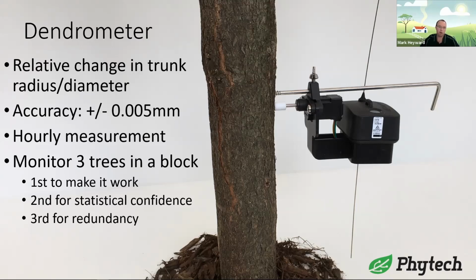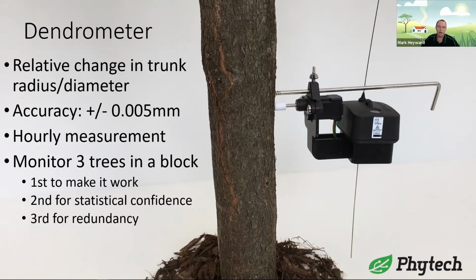So the first tree we monitor is just to make it work. The second is to give us statistical confidence. And the third is for redundancy, that if the batteries go flat in one or an animal bumps it or something else, that for you as the customer, there's no problem with the integrity of the service that we're delivering. You continue to get the service. That's the sensor that we're using.